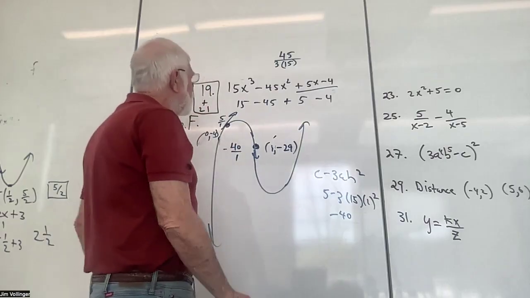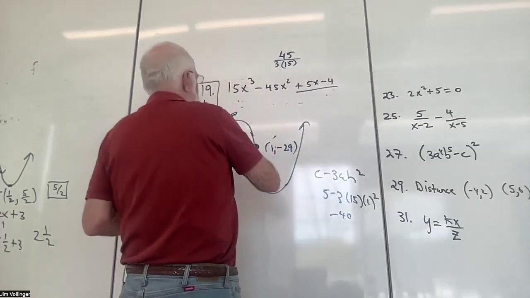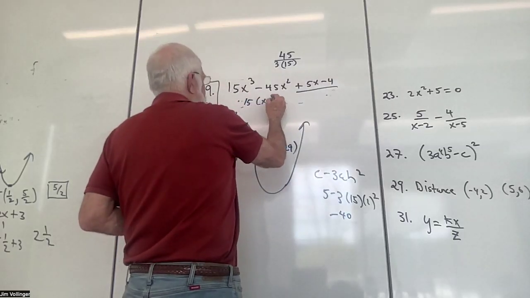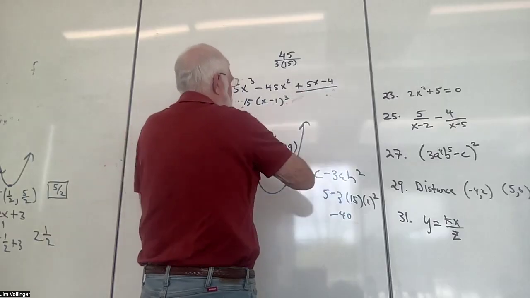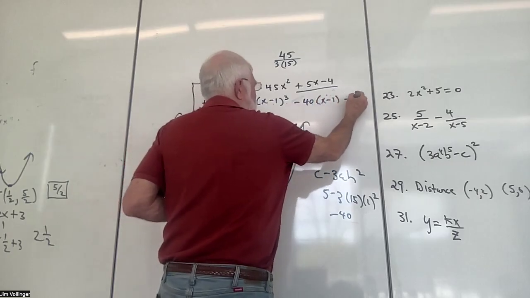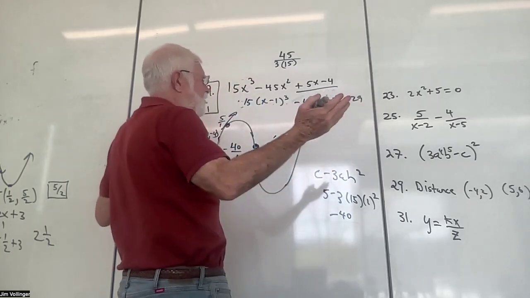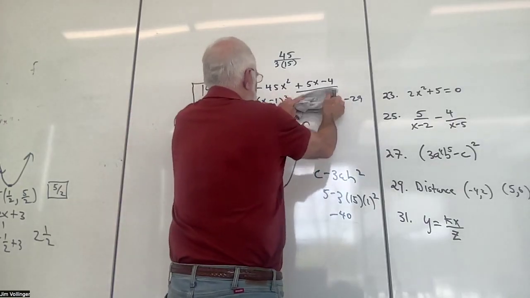Yep. And so in graphing form now, I have everything for graphing form. Graphing form is 15 times x minus 1 cubed, minus 40 times x minus 1, minus 29. Let's talk about rates of change. All right, let's hide that from your mind's eye.